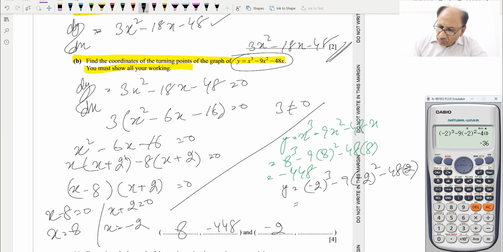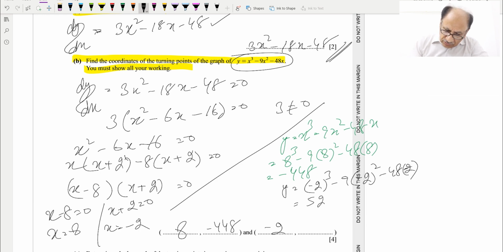We have done some mistake again, I will have to double check. Minus 2 cube minus 9 into minus 2 square and minus 48, basically we have written 4, and this is giving us 52, and this is correct. Yes, 52. So this is the answer for 4 marks.